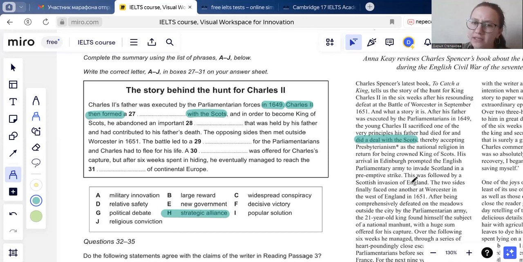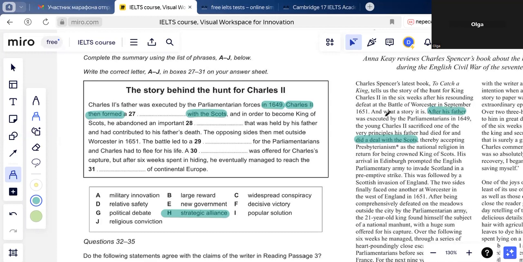How do we understand that this happened after, or for example, maybe in 1649? After his father was executed in 1649, the young Charles II sacrificed one of the very principles his father had died for and did a deal with Scots.